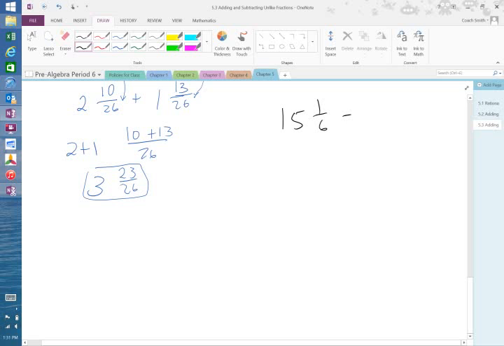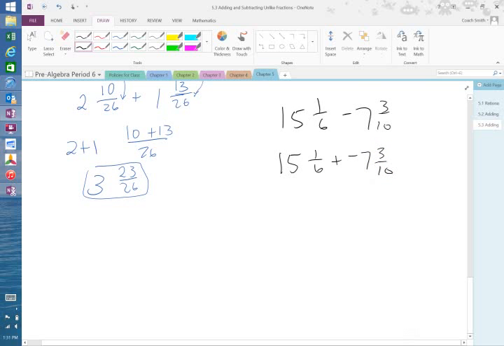15 1/6 minus 7 3/10. Okay. You can go plus and negative here. The common denominator of 6 and 10 would be 30.